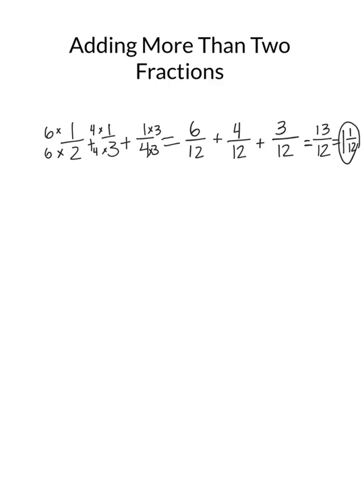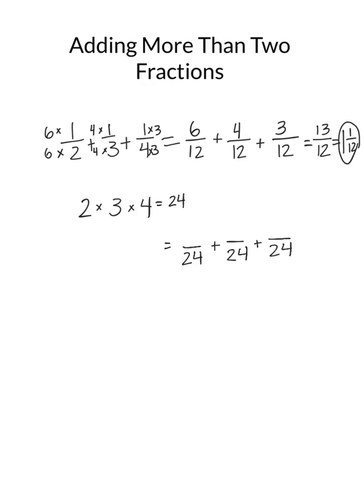If I have 3 numbers in the bottom, I have 2, 3, and 4. I could simply just multiply these together to get a common denominator. 2 times 3 is 6, times 4 is 24. So if I do that, then each of the fractions will have 24 in the denominator.